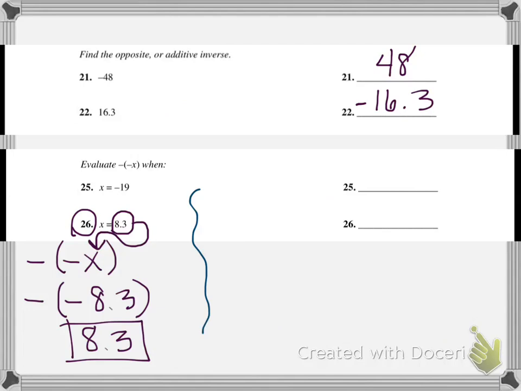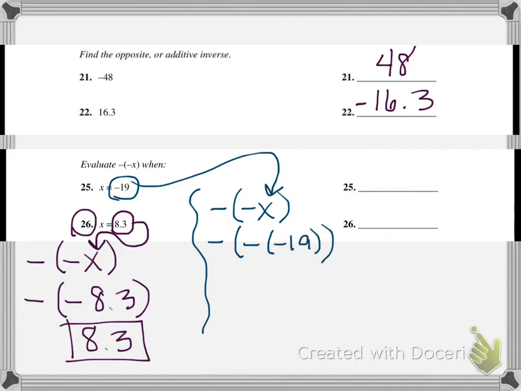What about negative 19? Well, I have the negative x, so I've got to take negative 19 and plug it in right there. So I'm going to have the negative, and then I'm going to have the negative, and then I got to plug in x, which is also a negative.